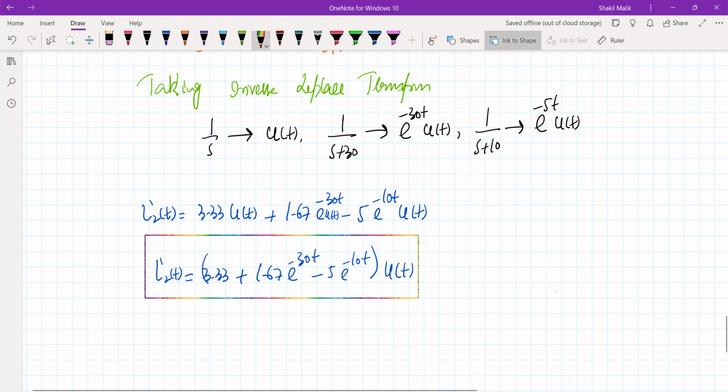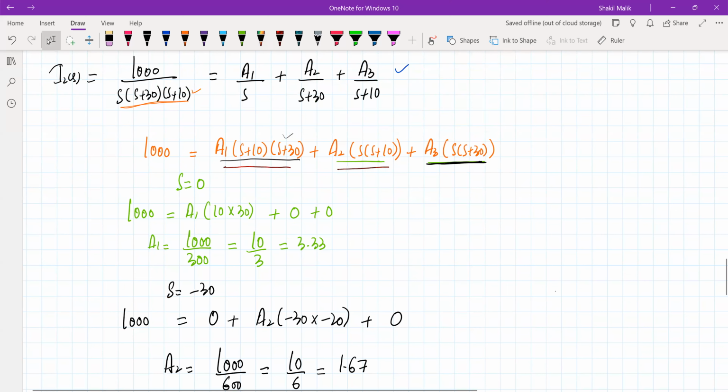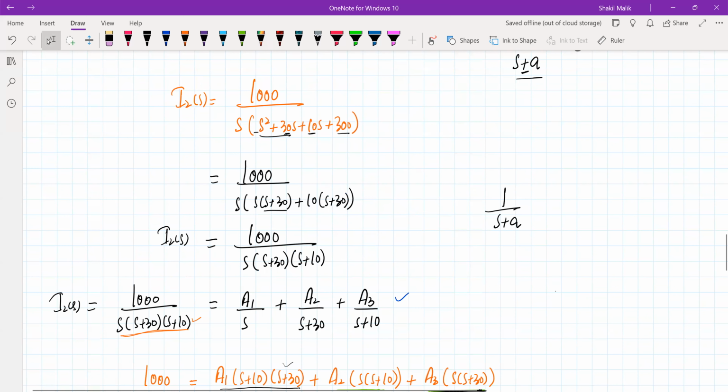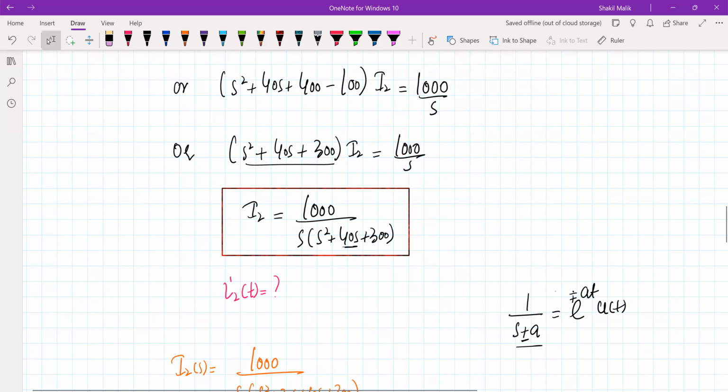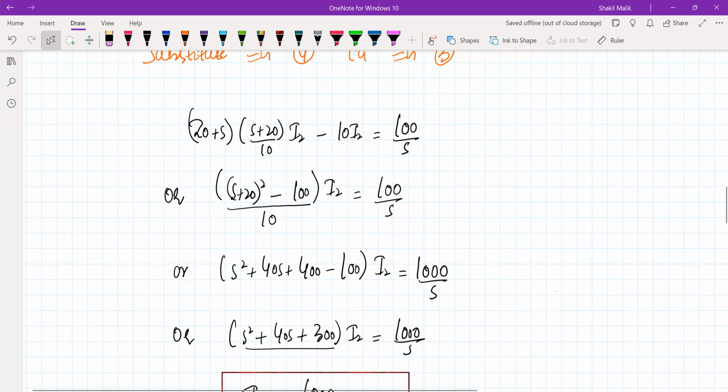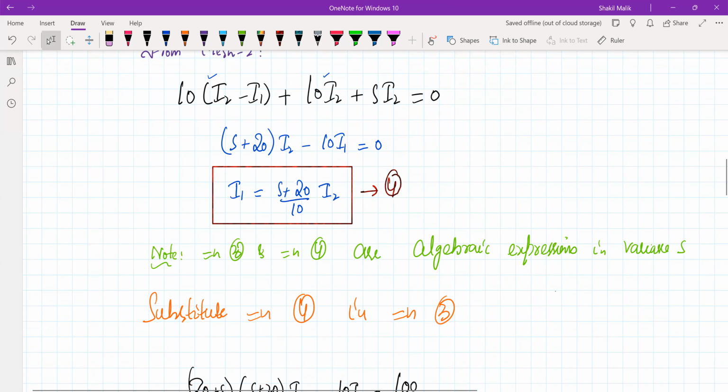Now to get I1, what will we do? To get I1, we know the relationship between I1 and I2 here. I1 is equal to S plus 20 divided by 10 times I2.